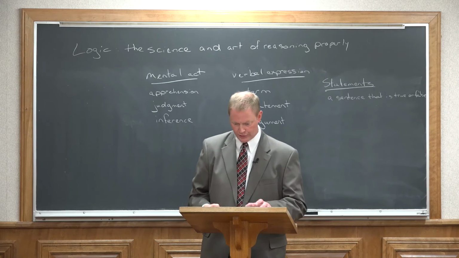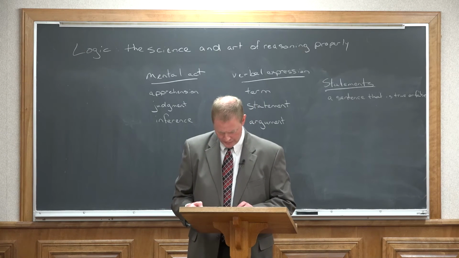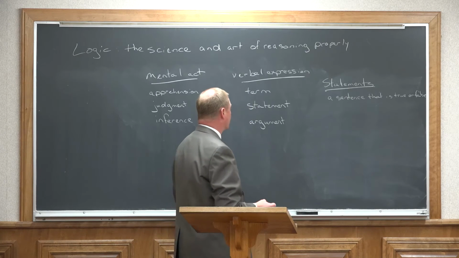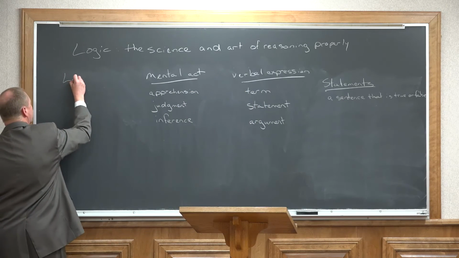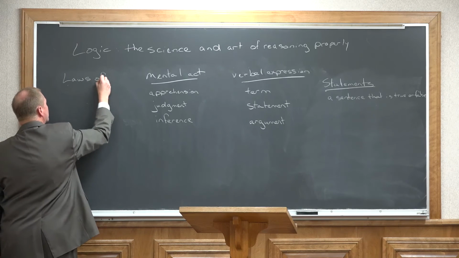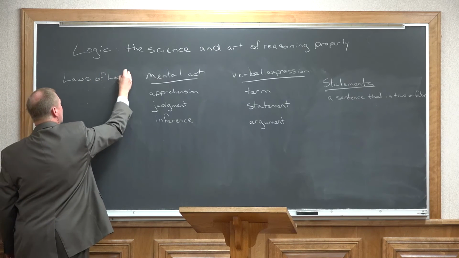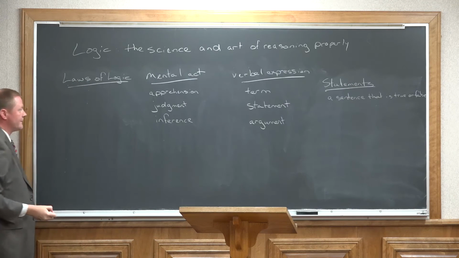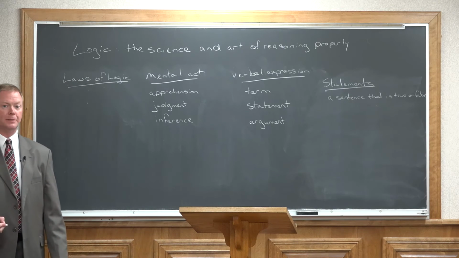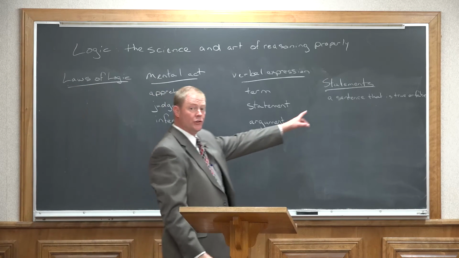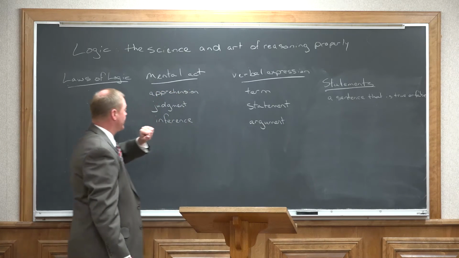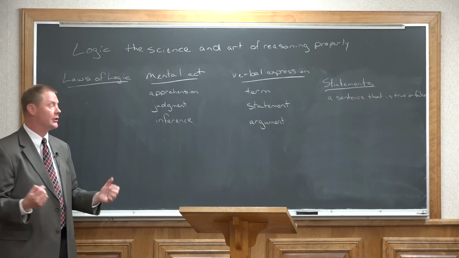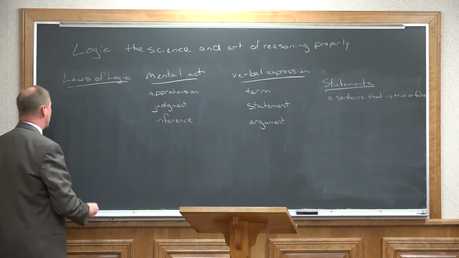Let me look and see if I have this in here. No, I don't. Okay. Let me put this over here, and we'll take a moment, a little sidebar here. The two basic building blocks of logic are, first of all, statements. All of logic is built on statements, the relation of terms to each other, and then also on the laws of logic.